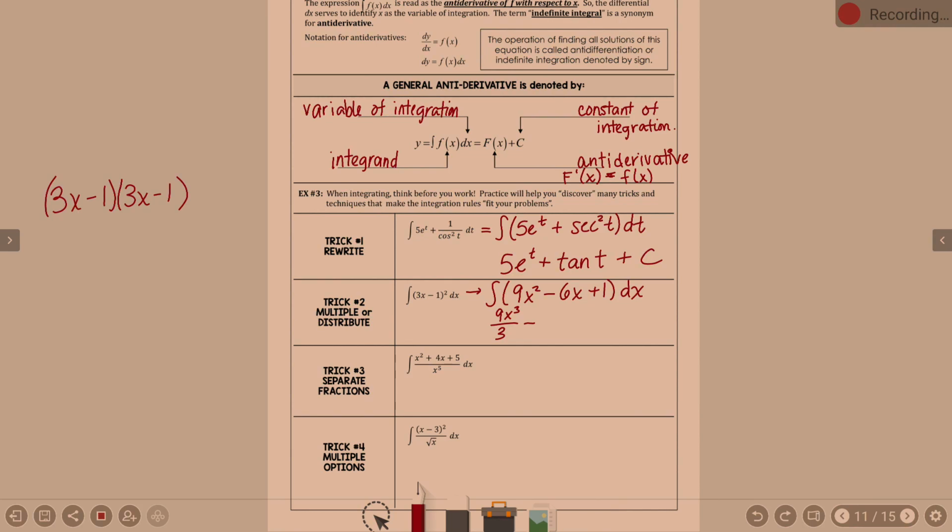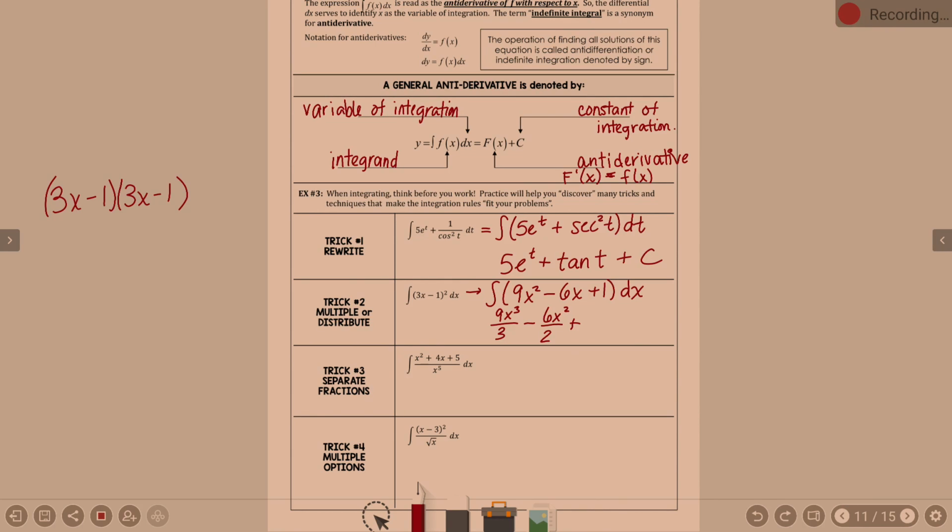Integrate 6x. Negative 3x squared. Now, one option is add to the power, right? So if we add 1 to the power, we're at 2, and then divide by that new power. If you were telling me 3x squared, are you right? Yes, I just don't have it there yet. This is one you just have to know, the integral of 1.